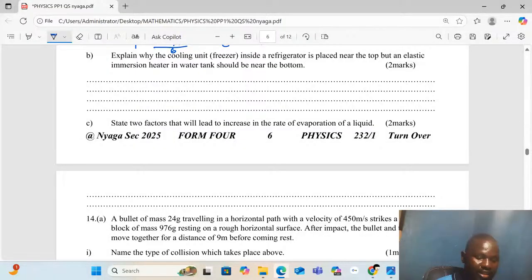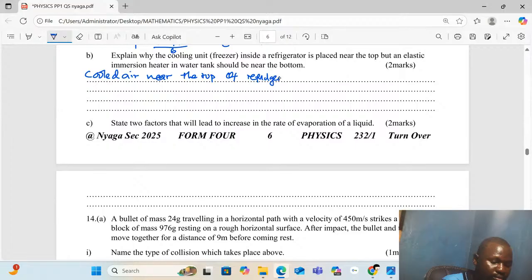For the cooling unit, cooled air near the top of the refrigerator moves to the bottom, since it is more dense.